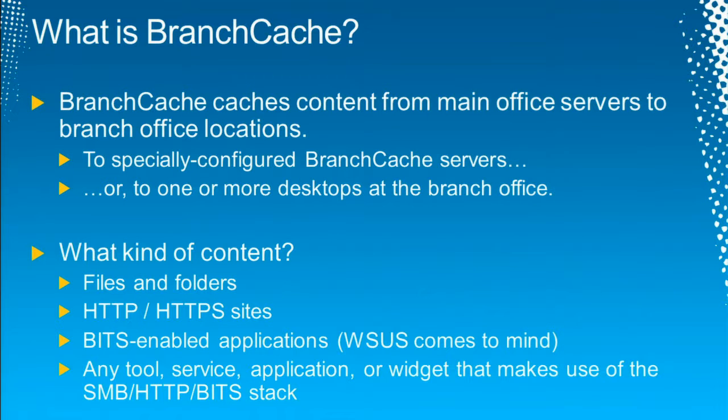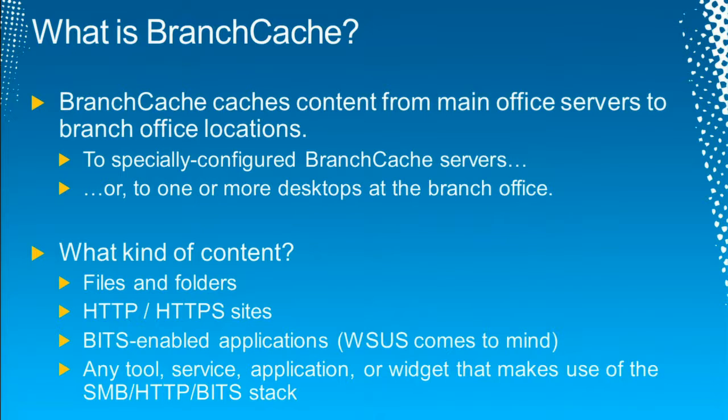We've all agreed that one of the things that we have in those branch offices is Windows. So maybe I don't want to put a server down there. Maybe instead of putting a server down there, I just want to cache the content to all of the individual Windows desktops that happen to be distributed around in that location. This is completely a configuration with branch cache.